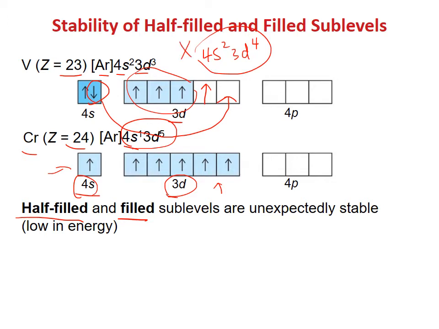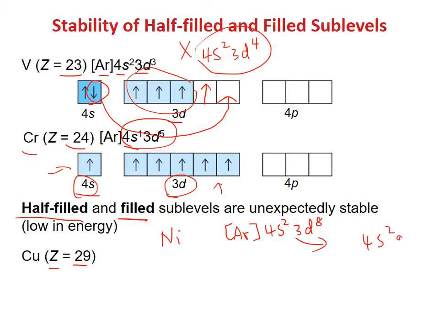Now the other exception is copper, which has 29 electrons. The element before it is nickel, which has 28 electrons, and the electron configuration starts with argon 4s2, 3d8. So you would expect the configuration for copper to be 4s2, 3d9.